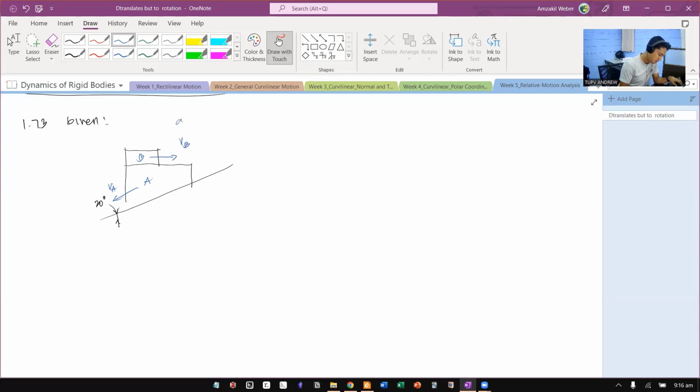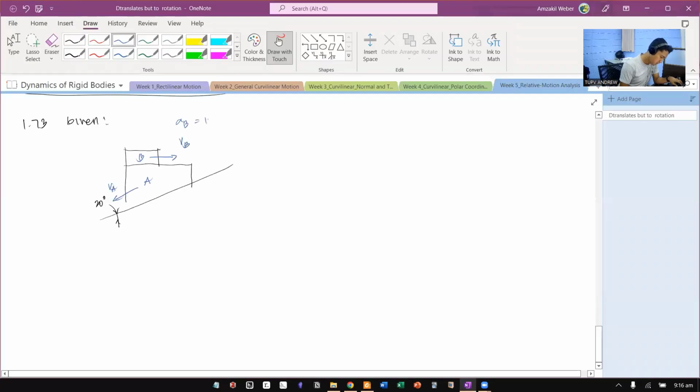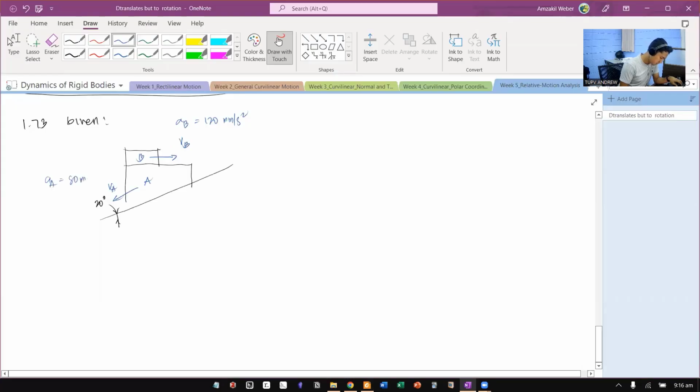The acceleration of B relative to A is 120, while AA equals 80.